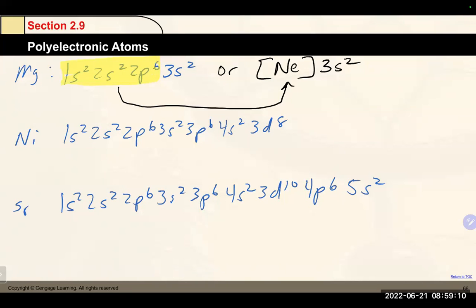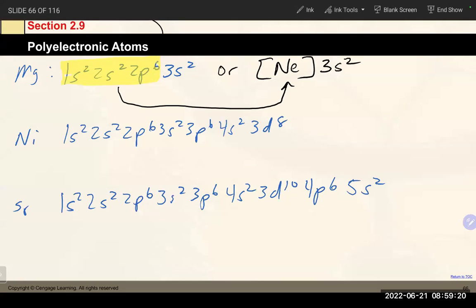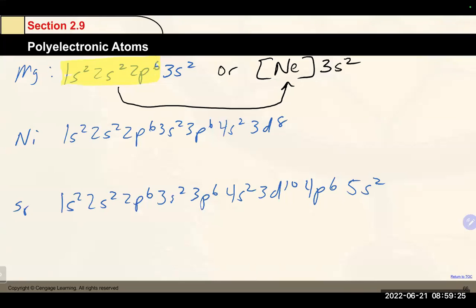Because what goes in there is a noble gas, which is the last group on the periodic table, group number 8, where neon is over there. We could also do the same thing here, going up to here, actually.